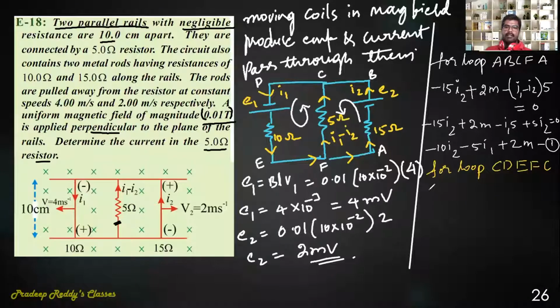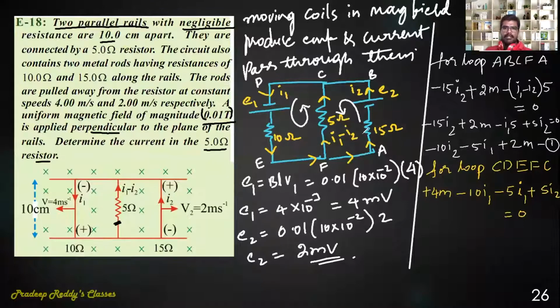E1 we have already calculated as plus 4 milli, and going along this 10 ohm resistor, it will be minus 10 I1, and going along this 5 ohm resistor, it is minus 5 I1, and minus of minus will become plus 5 I2, plus 5 I2 is equal to 0.